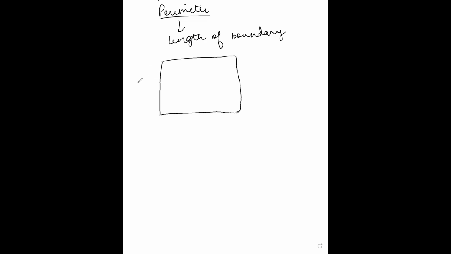Okay, anything other than 4? 7. Okay, fine, 7 centimeters. So each of the sides is going to be what? 7 centimeters. So what is going to be the perimeter of this? 7 multiplied by 4. Yes, very good.